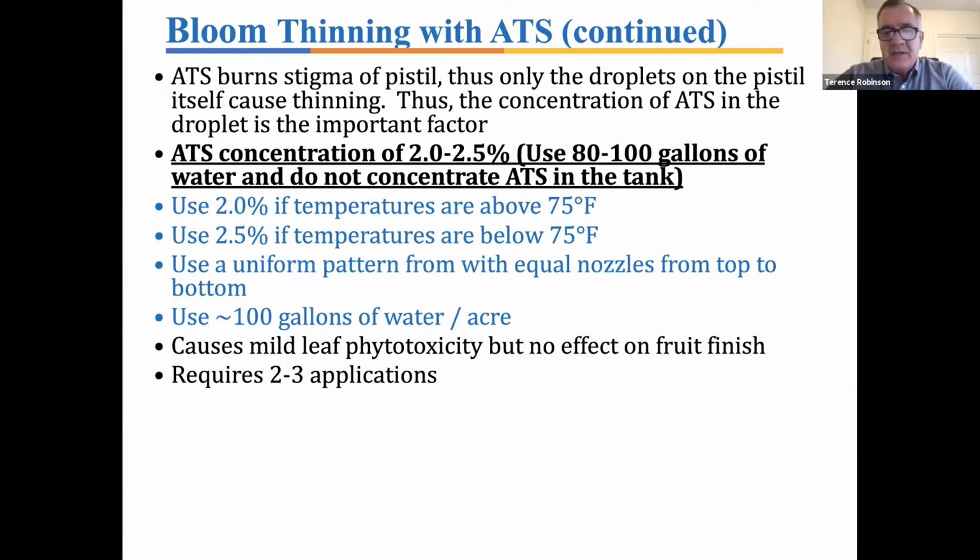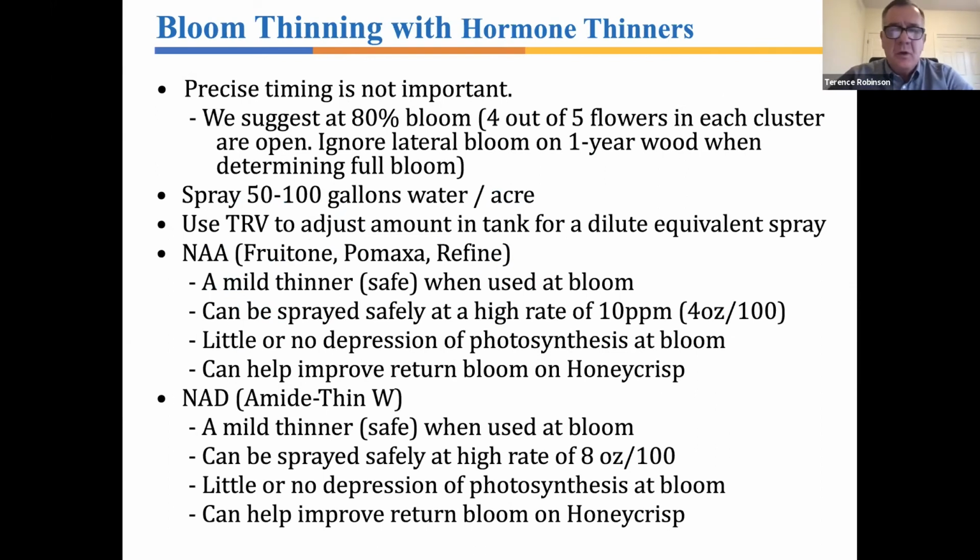I think this is the best option where we've got reasonable blossom numbers. But if you are worried and you just feel like maybe it's not for you this year, hormone type thinners are also a very viable option. With these, precise timing is not important. We're suggesting what is defined as full bloom.